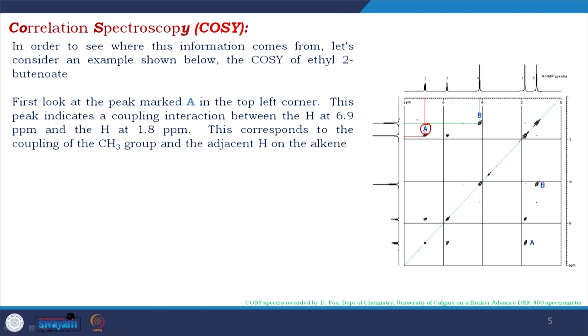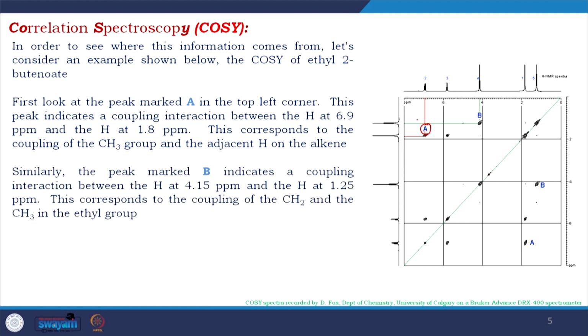This corresponds to the coupling of the CH3 group, which is at 1.8, and the adjacent hydrogen which is at 6.9 in the alkene. Similarly, the peak marked B indicates the coupling interaction between the hydrogen at 4.15 and the hydrogen at 1.25, which is here. This corresponds to the coupling of the methyl group and the CH2 group.